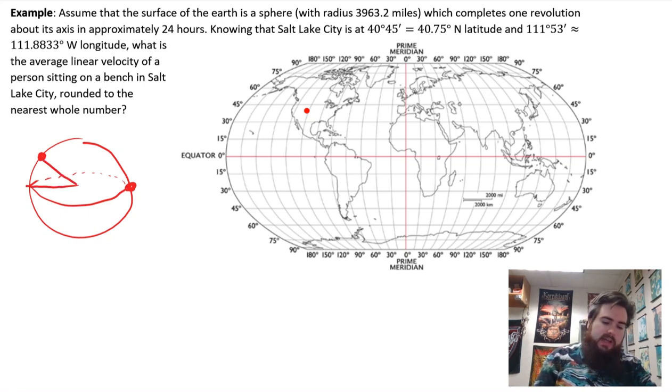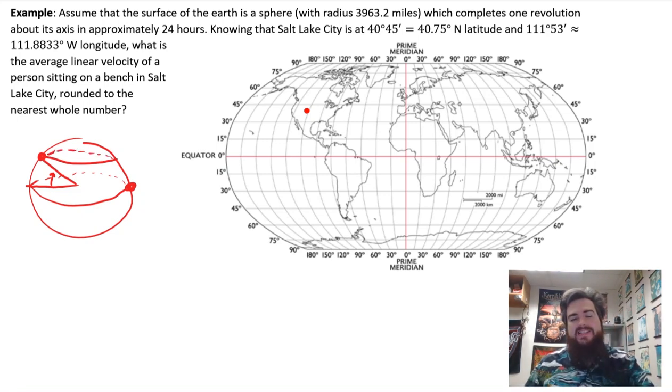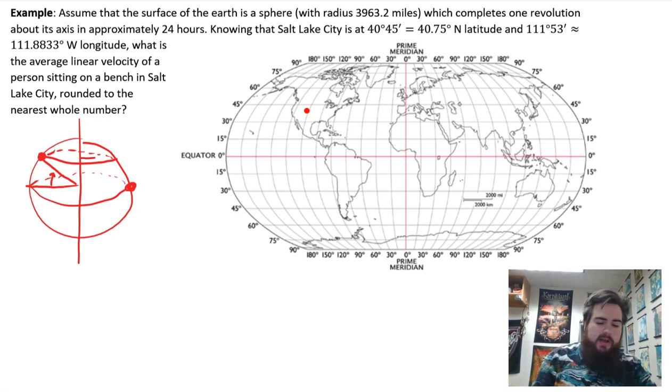So we are sitting about 40 degrees north of this. And in Salt Lake City, that means that we are sitting on a circle of revolution that is not as wide as it is on the equator. Meaning, what we need to find is the radius of revolution of the circle that Salt Lake City sits upon.